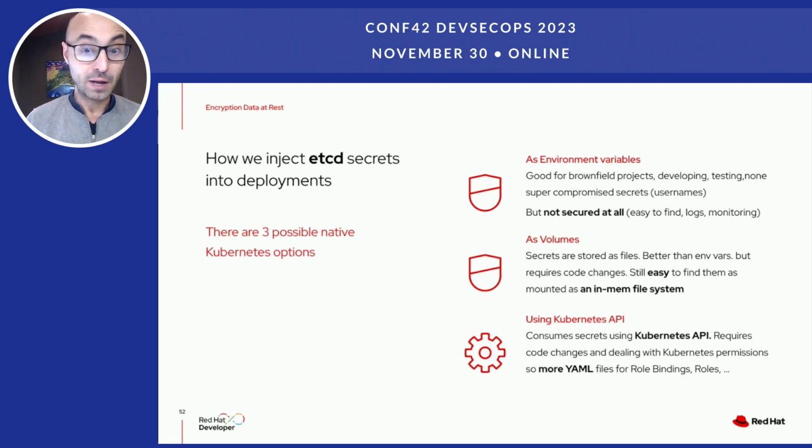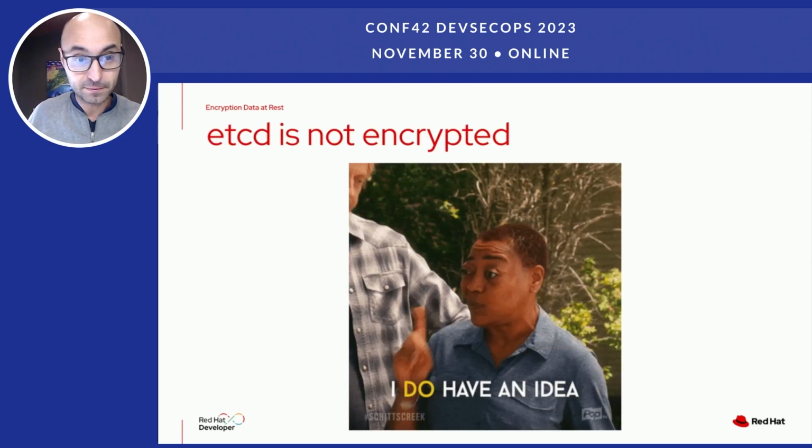I'm not injecting the secret as a volume or as an environment variable, but consuming it directly from the Kubernetes API, which is more secure. The secret goes from etcd encrypted to the memory space of the application unencrypted, but you will need to write a lot of YAML files.